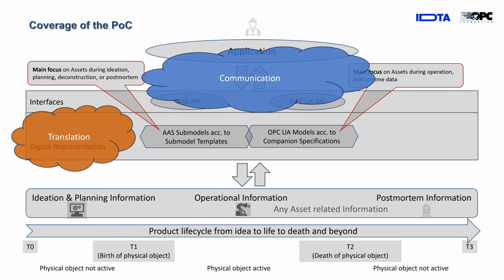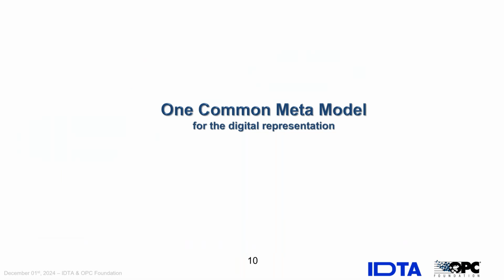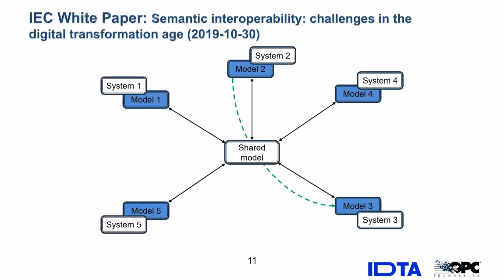So now we are coming to the one common meta model, and what's the reason for that one? One common meta model means that we have one meta model for both sides, for the AAS side and for the OPC UA side. And I want to show you a picture that's very old. It's from 2019, so 6 years old.